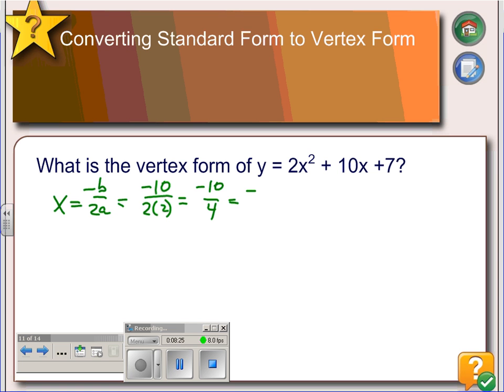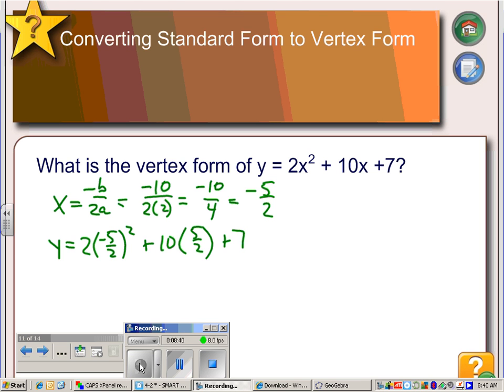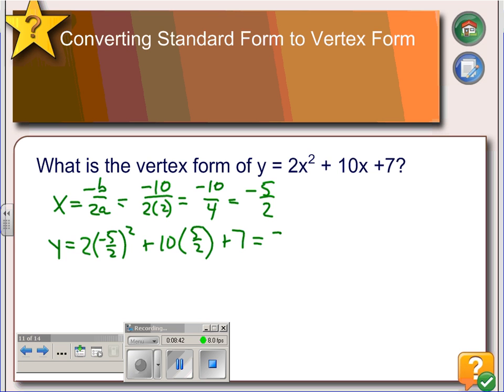Then we're going to substitute negative 5 halves in and calculate y. And this comes out to negative 11 halves. So we know the vertex is at negative 5 halves, negative 11 halves.